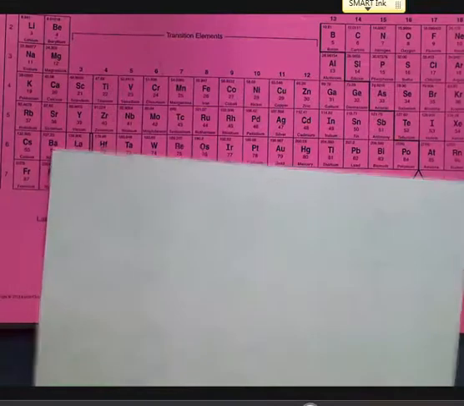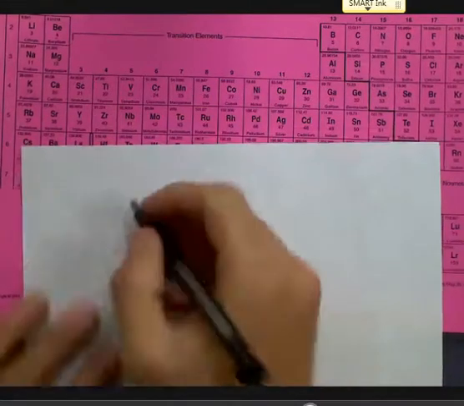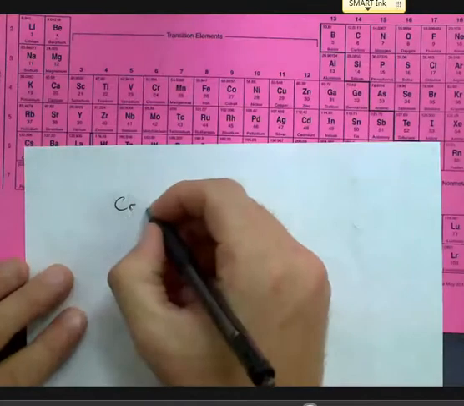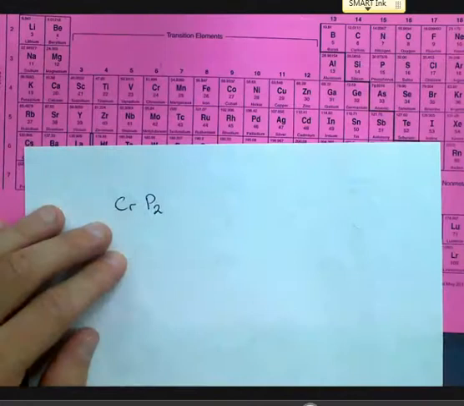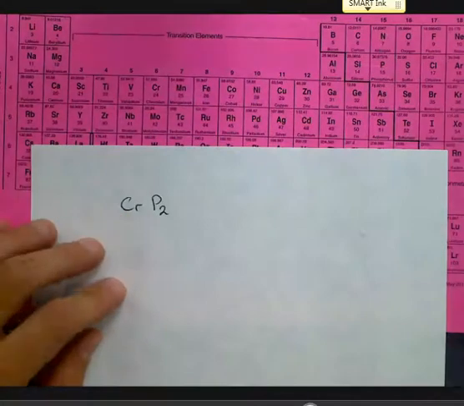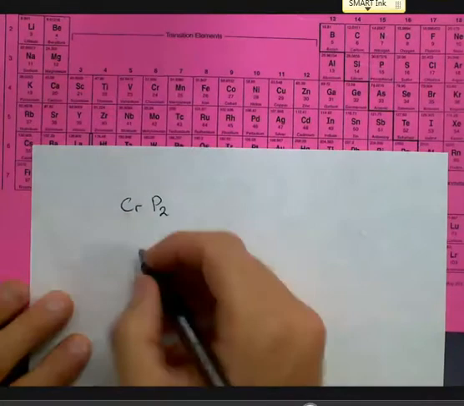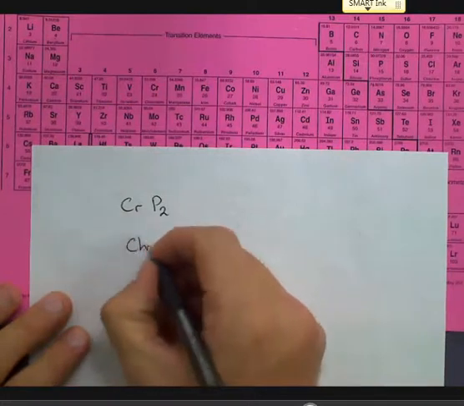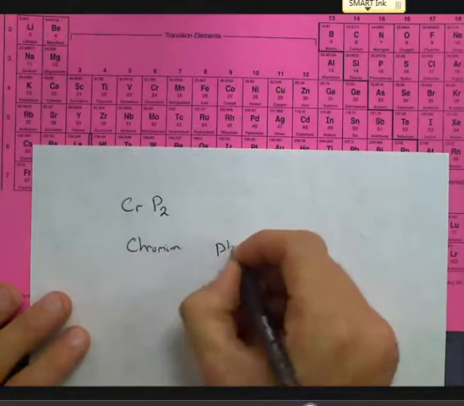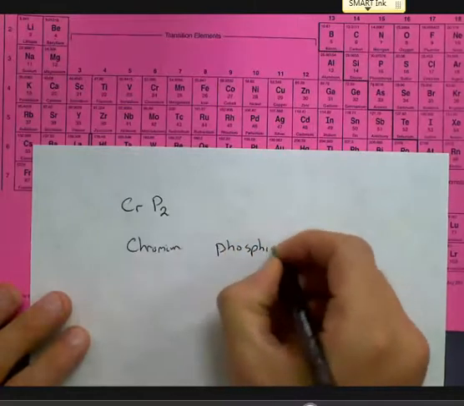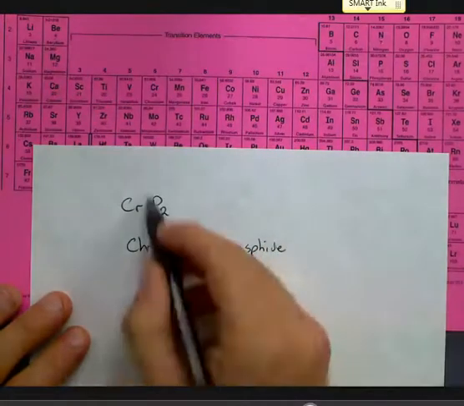Let's try this one. How about chromium and 2 phosphorus? So here we would have a chromium, and phosphorus becomes phosphide. Well, here's the deal.